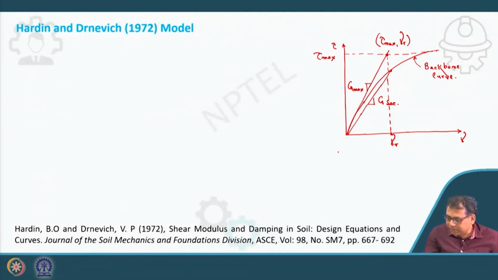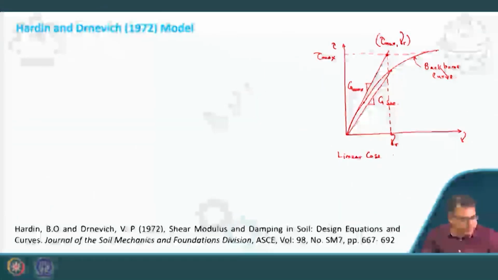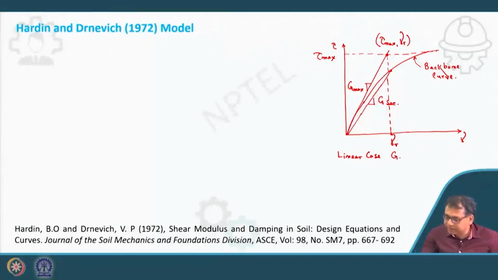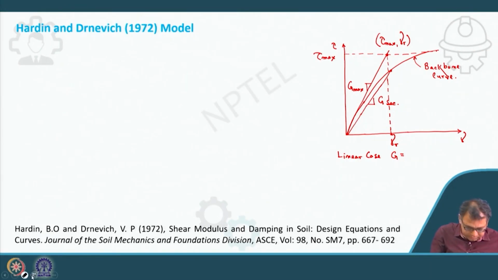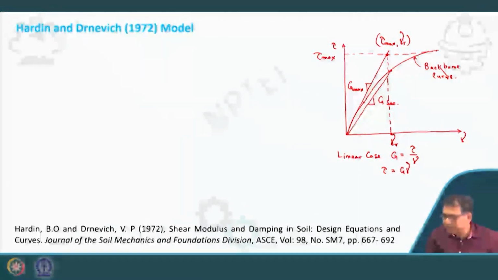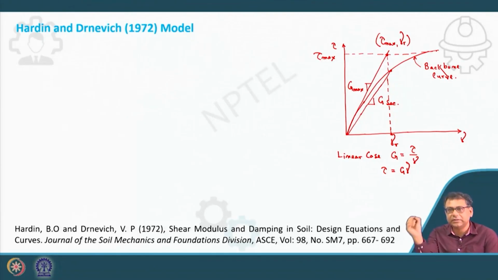Now, for a linear model, you know that G is shear stress divided by shear strain, or your tau will simply be G into shear strain, shear modulus into shear strain.